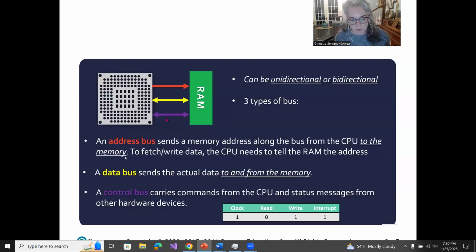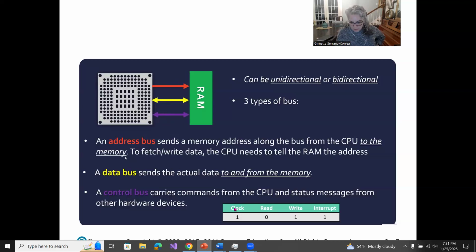Now, this control bus back here, the purple one: if I send an address to RAM and I want to write to that address, then through the control bus a status message gets sent. A flag gets set to say, I am reading from RAM, or I'm writing to RAM, whatever address I pass it.